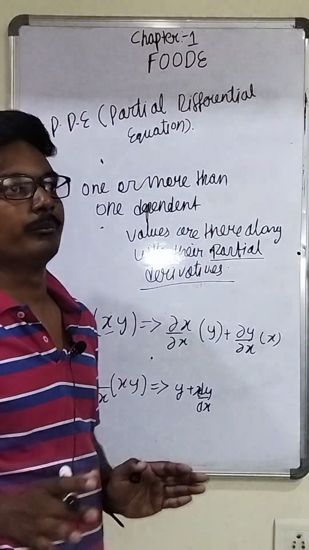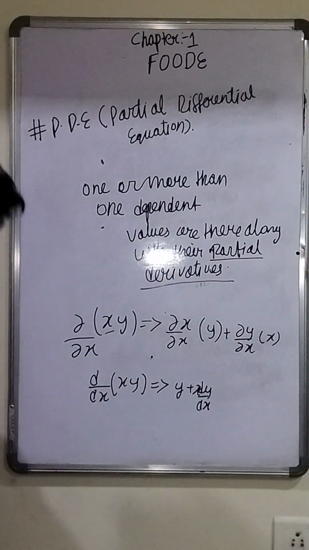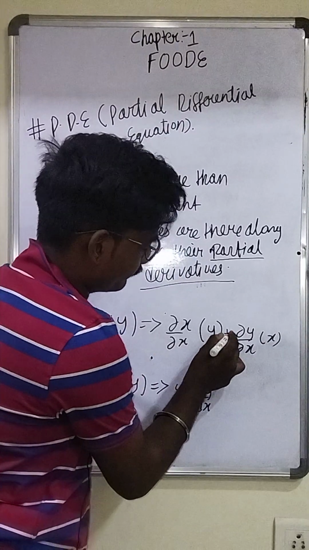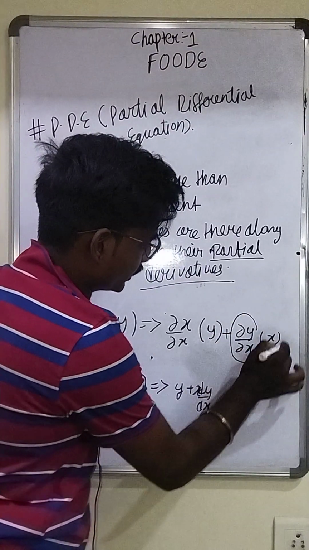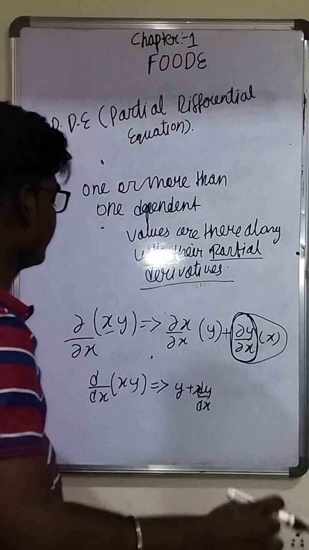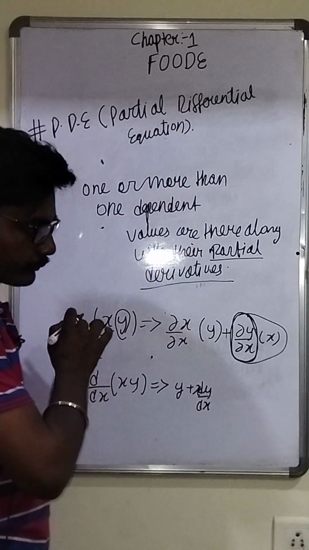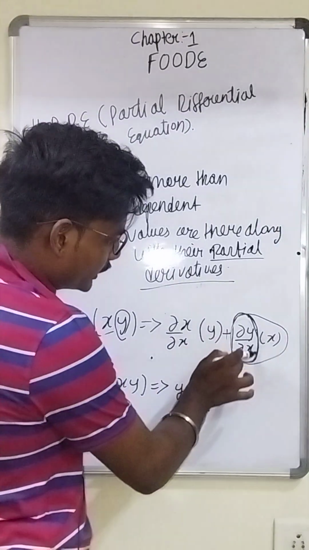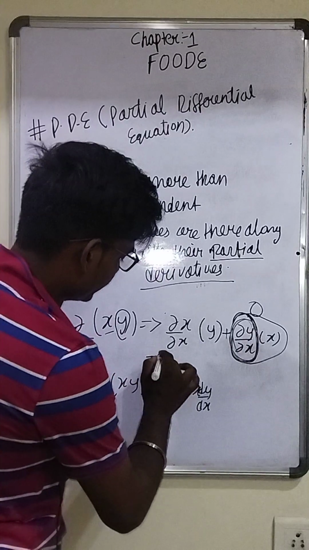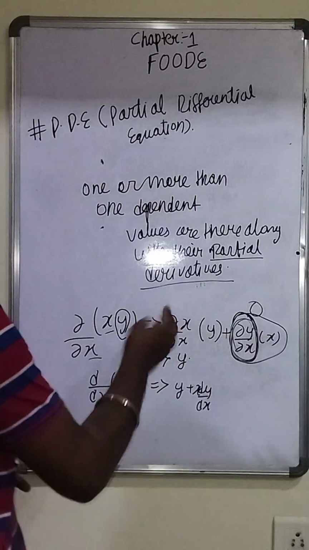But in the partial case, the term with dy by dx is removed, because we are doing partial differentiation with respect to x, not y, so that whole term is constant, which means 0. So the partial derivative will come as y only.